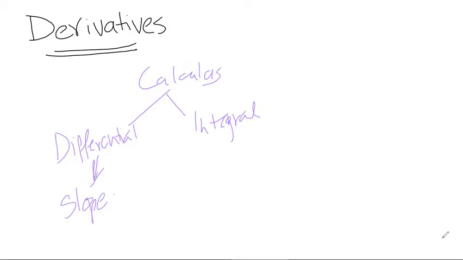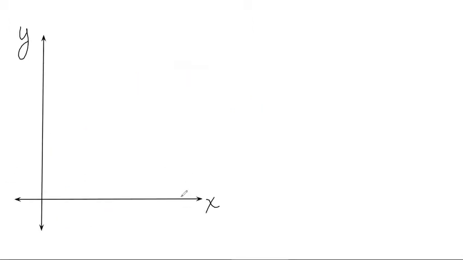All right. So how do we solve for a slope on a linear function? Well, if you have a linear function, all we really do is we draw up the linear function and we do the change in y over the change in x.